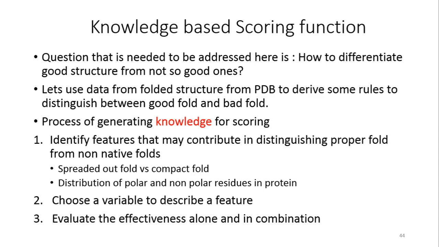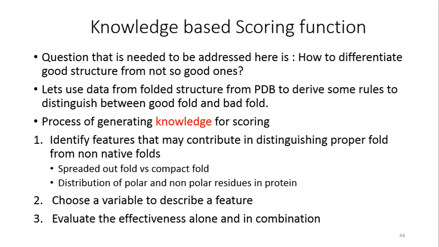And thirdly, we will have to evaluate the effectiveness of the features that we have quantified, alone and in combination. Say, for example, we would like to evaluate how well hydrogen bonding and residue distribution work alone as well as in combination with each other.